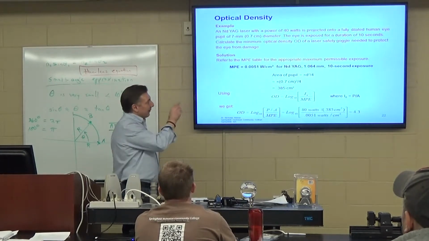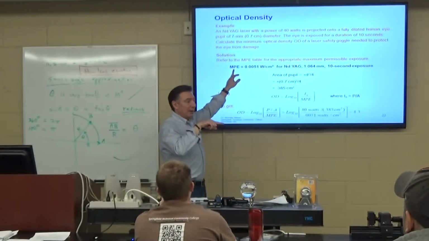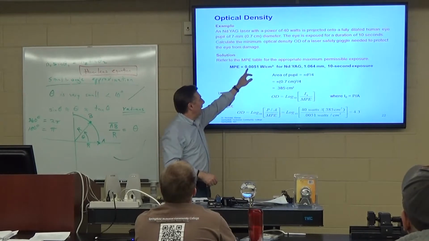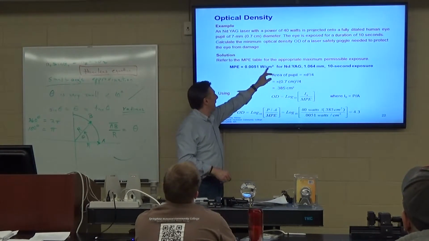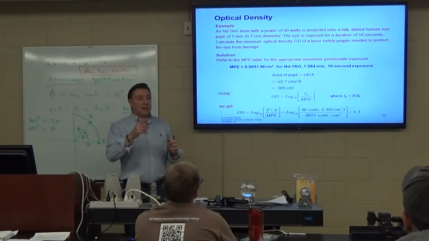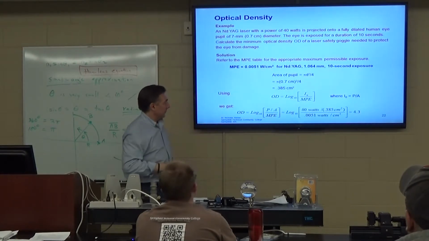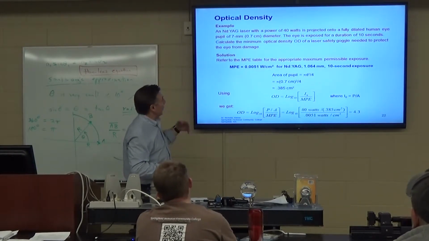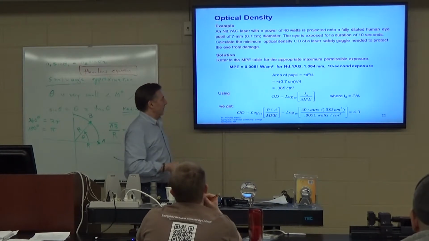Okay, so for a 10-second exposure, going back to that table, the MPE is 0.0051 watts per centimeter squared, or 5.1 milliwatts per centimeter squared. Again, you have to look at the time of the exposure also. For this one, we're trying to figure out what goggles we need to protect against this kind of exposure.